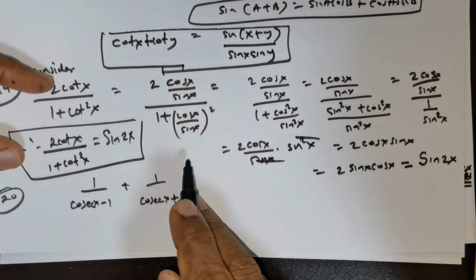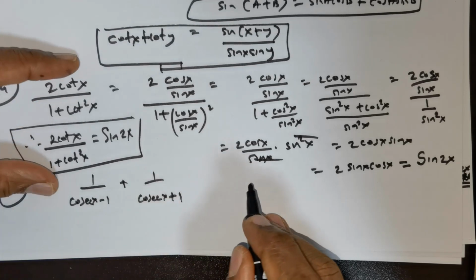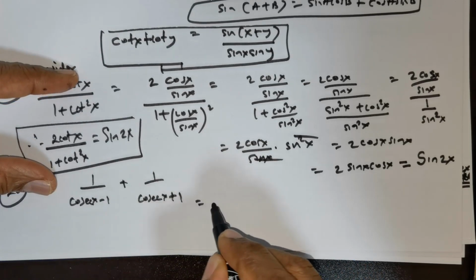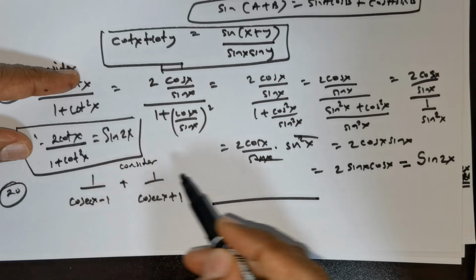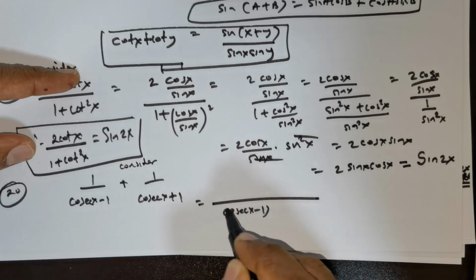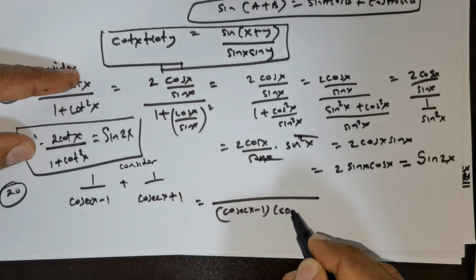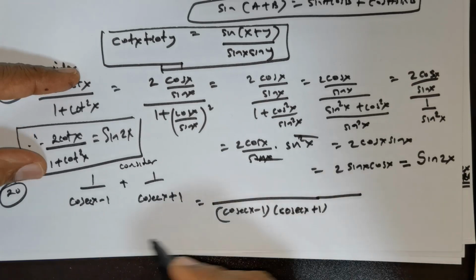So question number 20 is 1 over cosecant x minus 1 plus 1 over cosecant x plus 1. So what I wish to do, I will start off by using consider. The LCM is cosecant x minus 1 times cosecant x plus 1. That's the LCM.